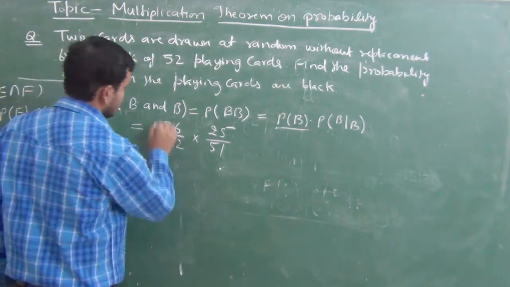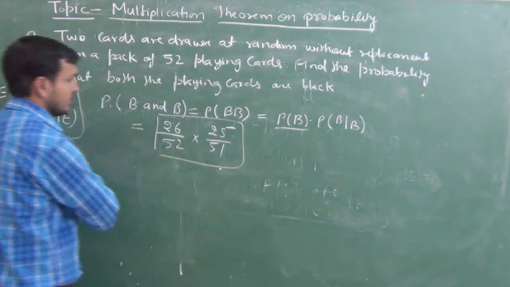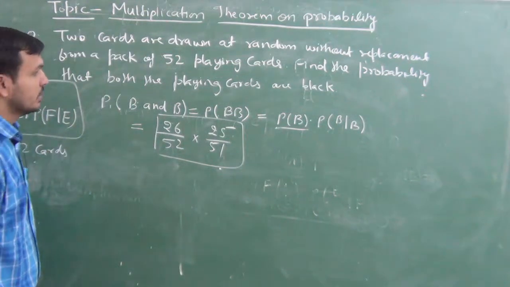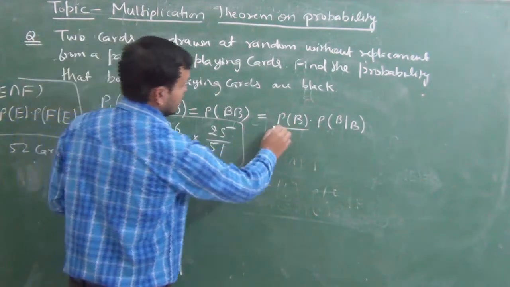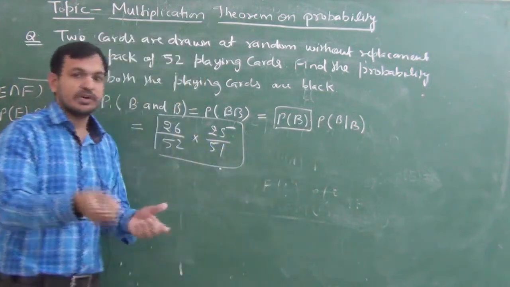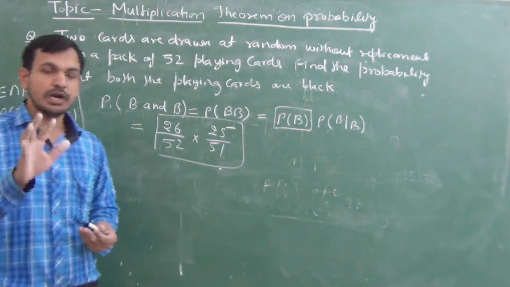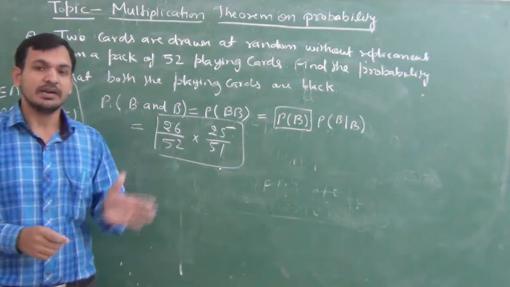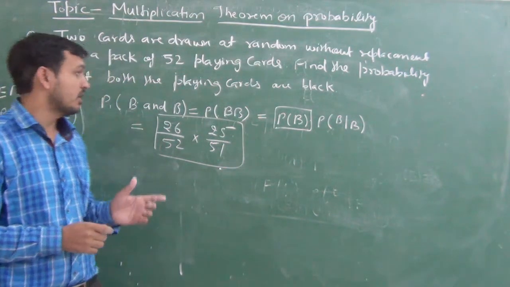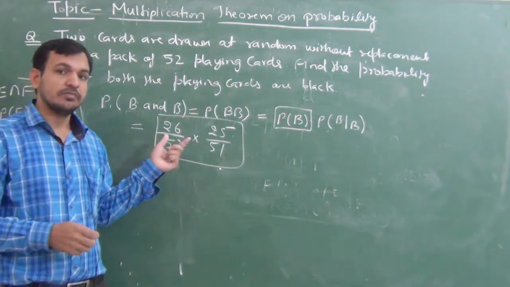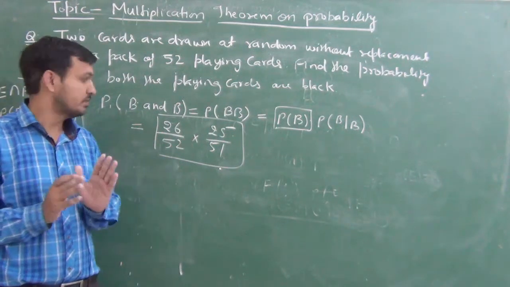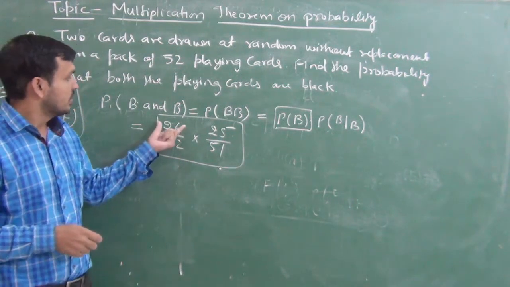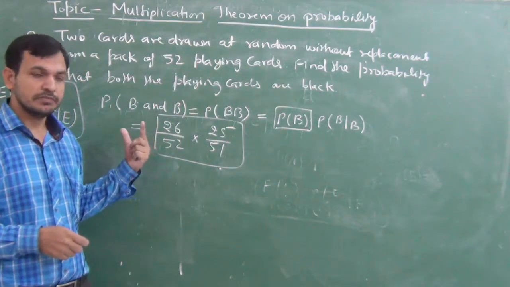So this is our required probability. Clear? Very simple. When we are taking out the first card, we have total 52 cards and 26 black cards. So the probability of taking out a black card out of the given total of 52 cards will be 26 upon 52.